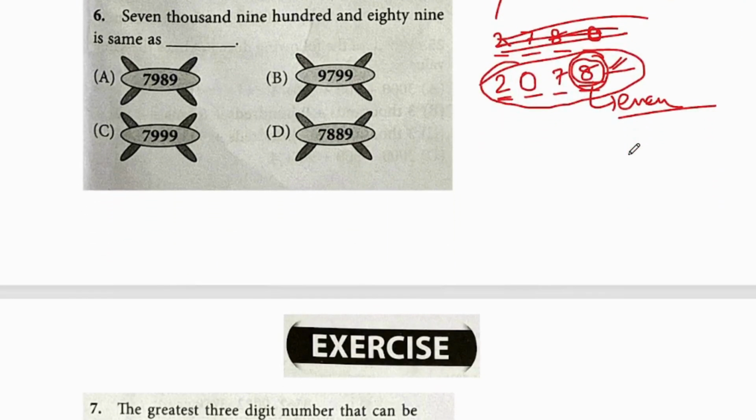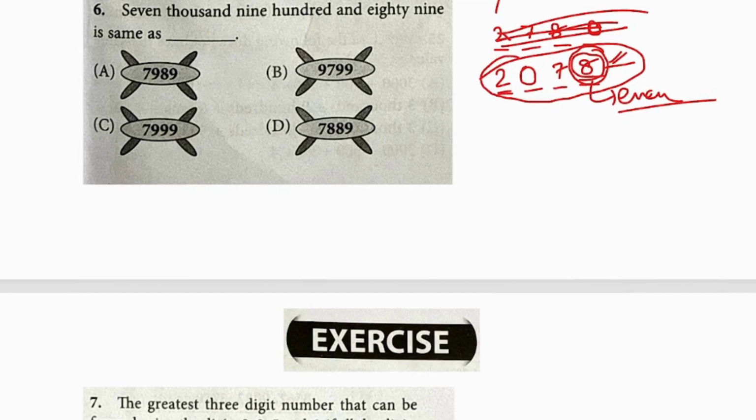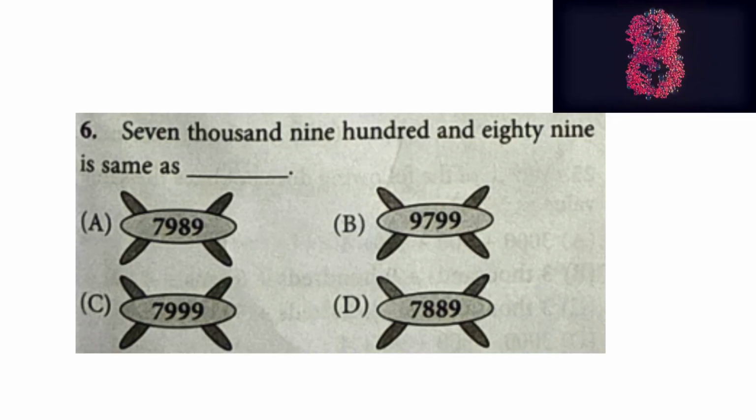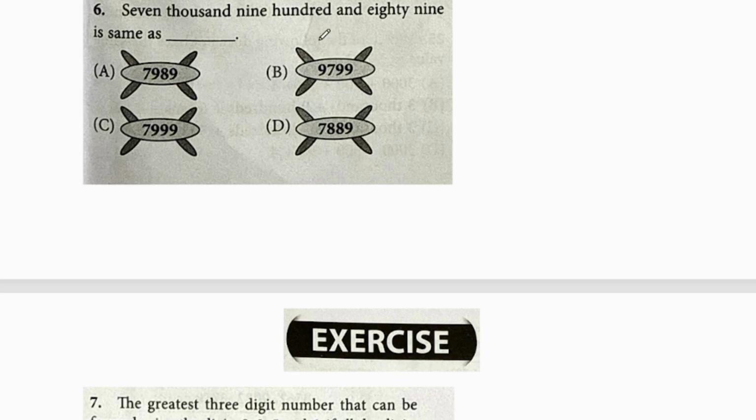Let's move on to the next question. You try to solve this question. All right, your time starts now. All right, 7,989 is same as, it means 1000.